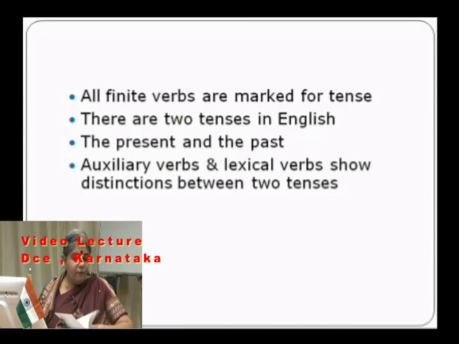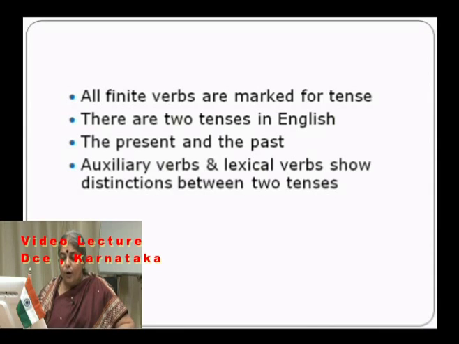When I said that, I had given you the explanation of the finite verb when I discussed verbs under the title Parts of Speech. Now, which shows the distinction between the present and the past tense?